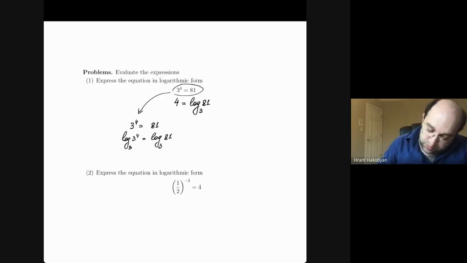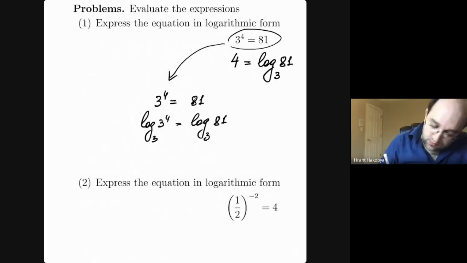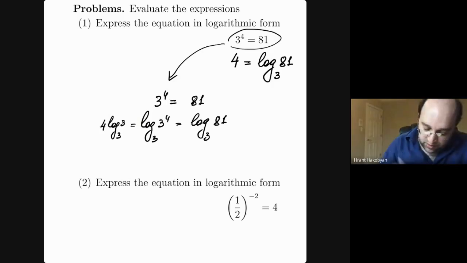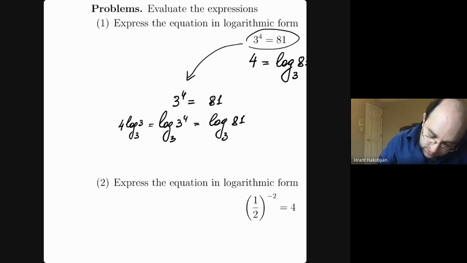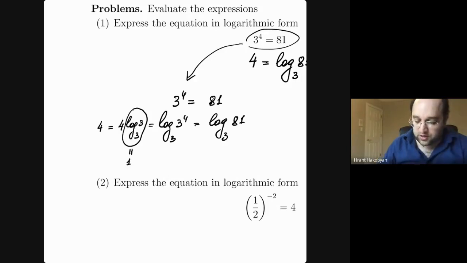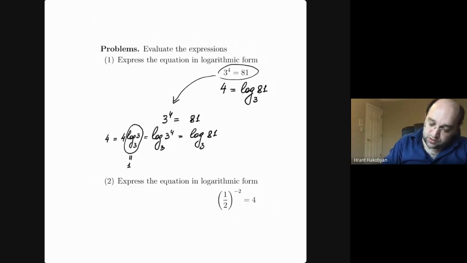But what does my law say about the powers? These powers go to the front, so I can write this as 4 times logarithm 3 base 3, and again logarithm of the number with the same base is 1, so this gives you 4, because this part here is equal to 1. So that's another way of doing this.